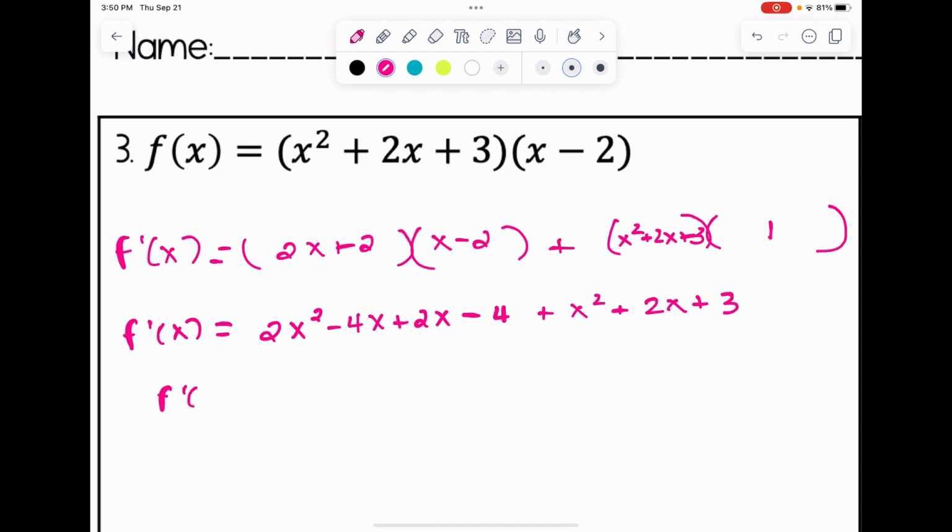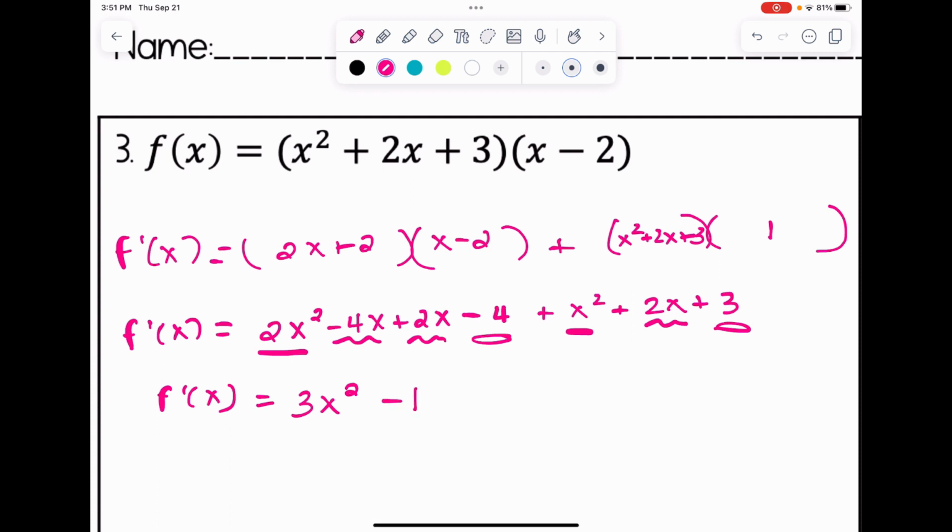And then I'm going to see, can I combine any like terms? So I have negative 4x, 2x, and 2x, I can see 2x squared and x squared, and then I have negative 4 and 3. Okay, so those are my like terms, so let's combine where we can. So 3x squared, the x terms are going to go away because those equal 0, minus 1, and we have our answer.